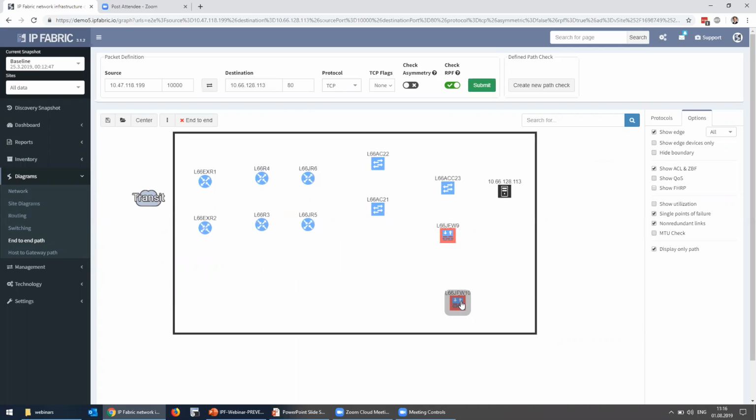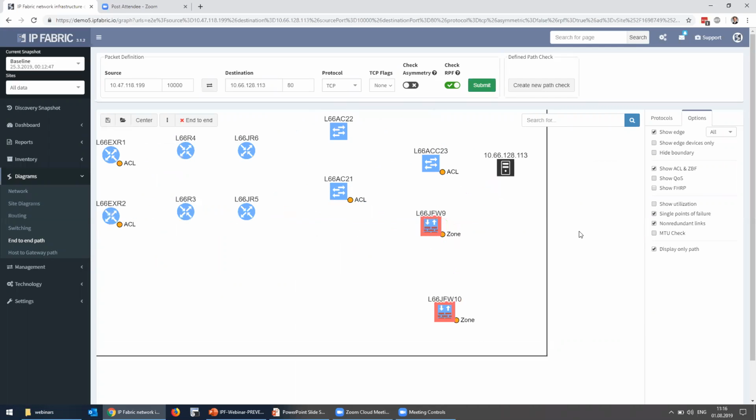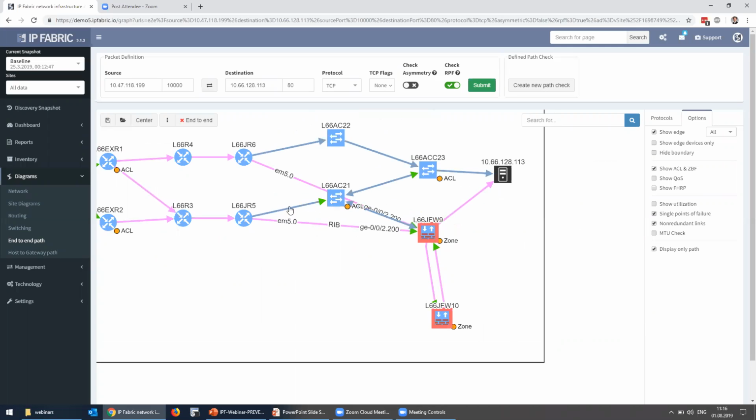However, we do have an issue here that these devices are not redundant. We already know that because we looked at the site and saw that the devices were not redundantly connected. But what we are interested in finding out now is why only firewall 10 failed, while firewall 9 stayed online, but this path was actually not available and was not functioning.